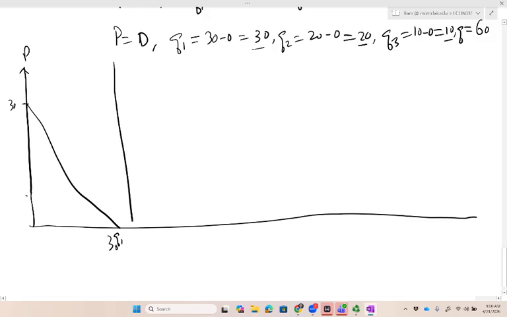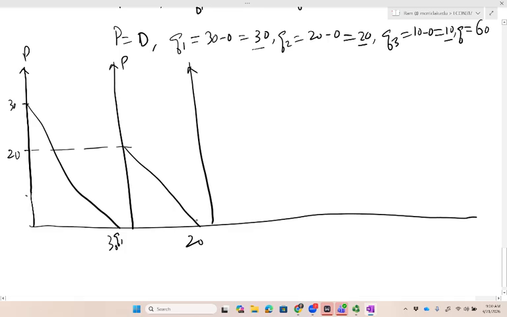Then I will draw buyer 2, who will not buy anything above a price of 20 and buys exactly 20 units as price goes down to 0. So 20. And then I will now draw buyer 3.